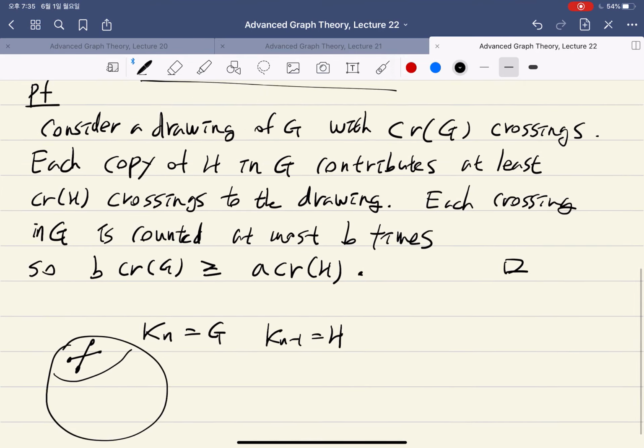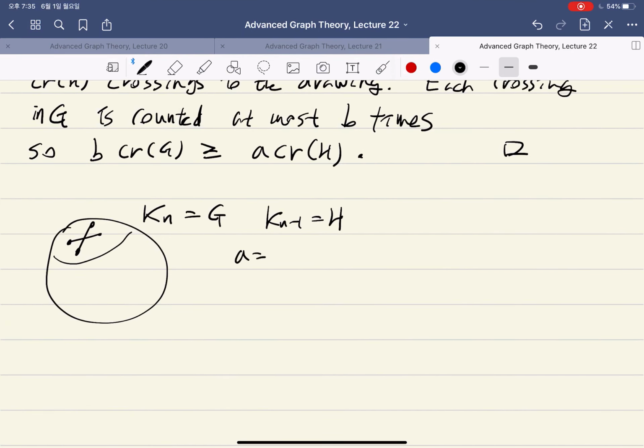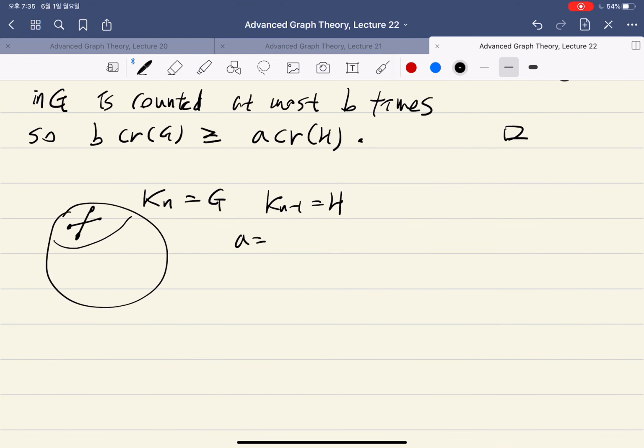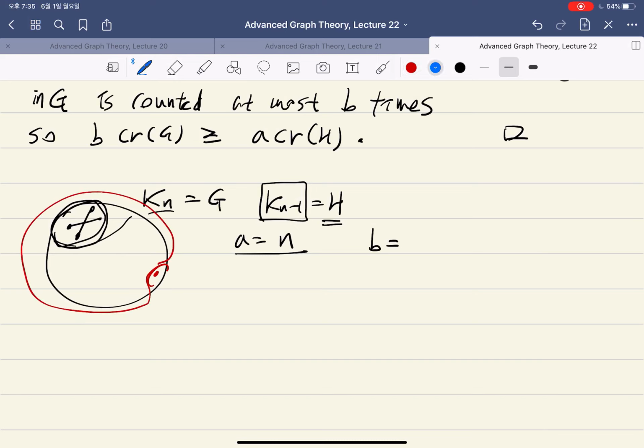First we determine A, the number of copies of H in G. The number of copies of K_{n-1} in K_n is, you just choose one vertex and delete, so A is n. B is the number of times that a crossing appears in copies of H. What you do is you take one vertex outside of this and then delete, and the remaining thing is H. You choose another vertex, then you get other copies of H. So B is n minus 4.